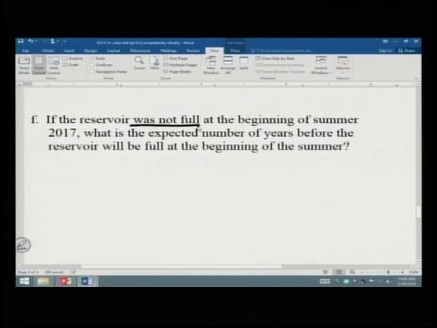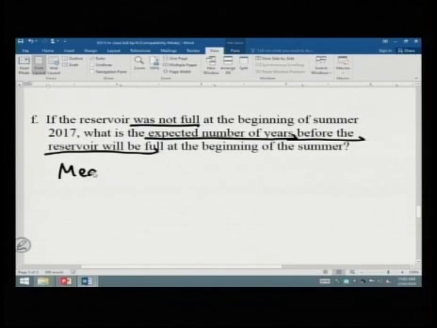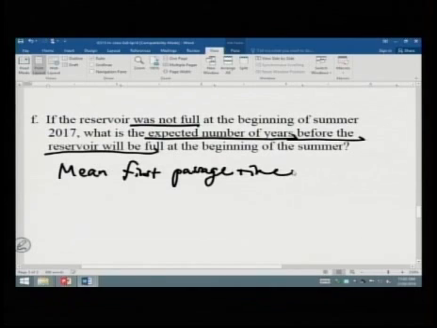And it asks you the expected number of transitions, the expected number of years before the reservoir will be full. So what information are you going to use? By definition, you're going to use mean first passage time, right?